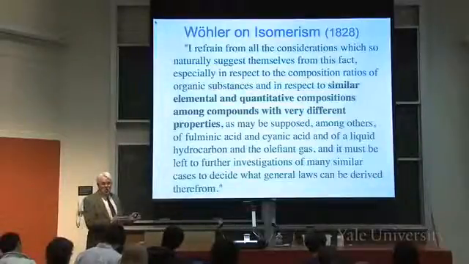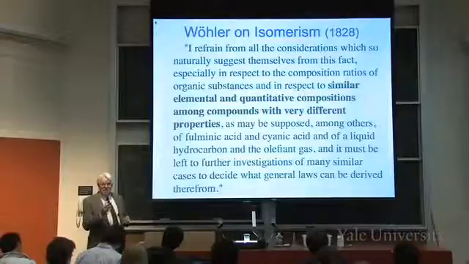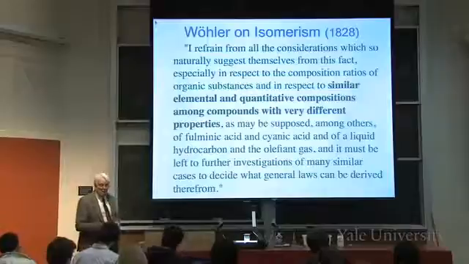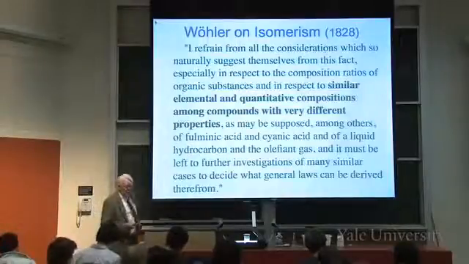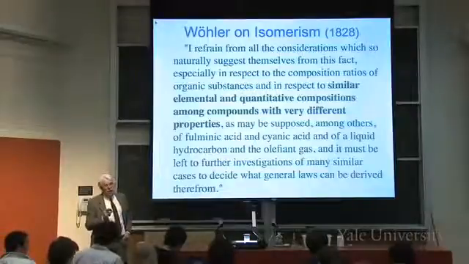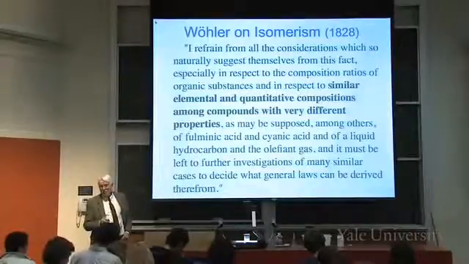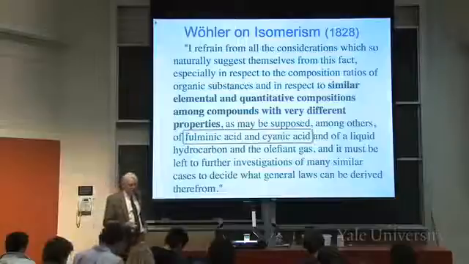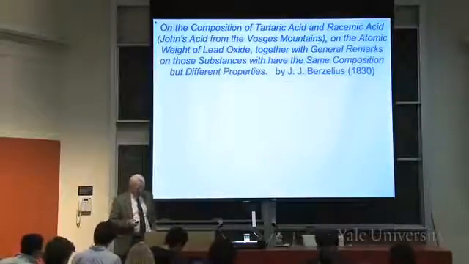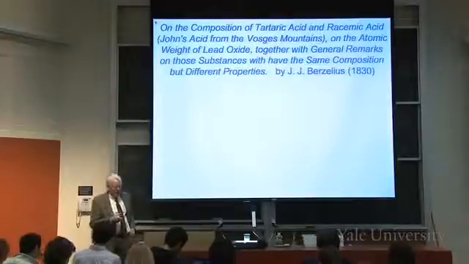But what he shows here is that there can be different substances that have the same elemental analysis, like urea and ammonium cyanate. So the possibility of isomerism showed there was more to be known than people thought when all they could do was elemental analysis. So fulminic and cyanic acid was very important, as we'll see in just a second.